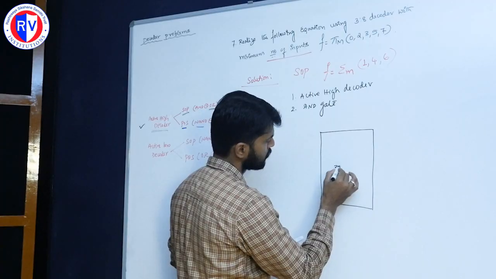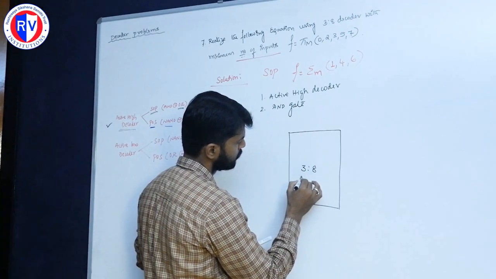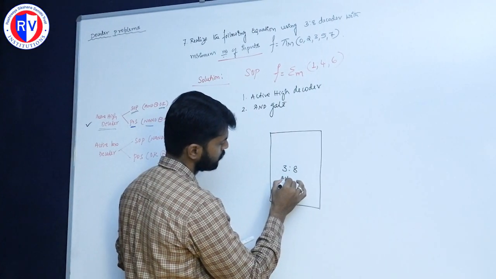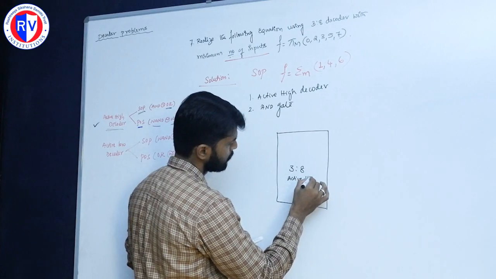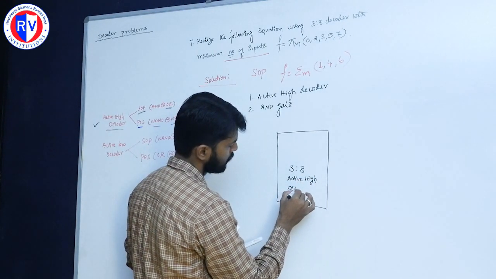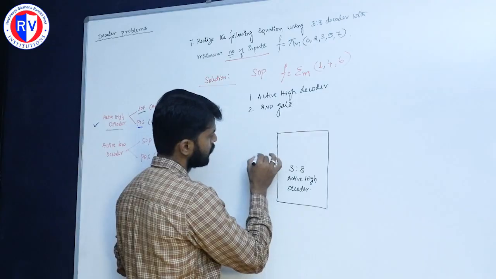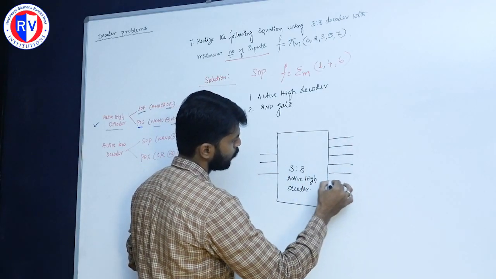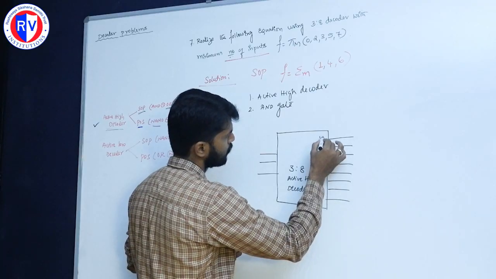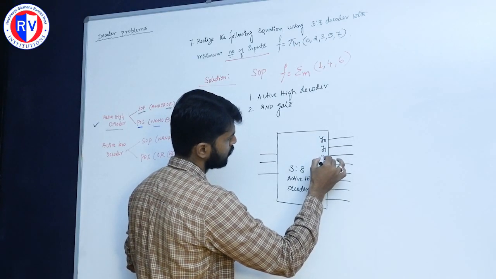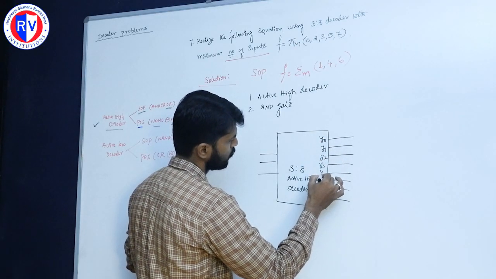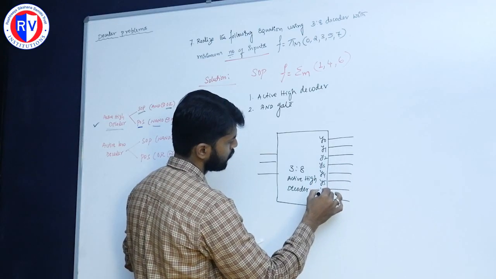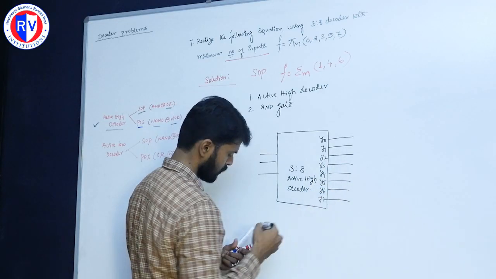Again it is a 3:8 active high decoder. It has 3 inputs and 8 outputs, Y0, Y1, Y2, Y3, Y4, Y5, Y6 and Y7.